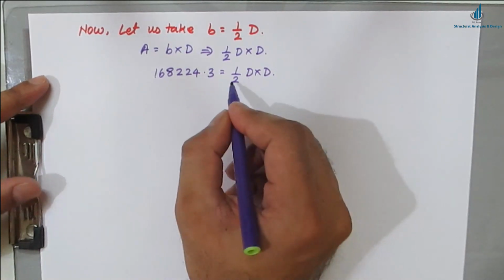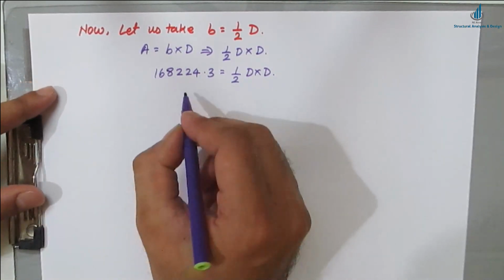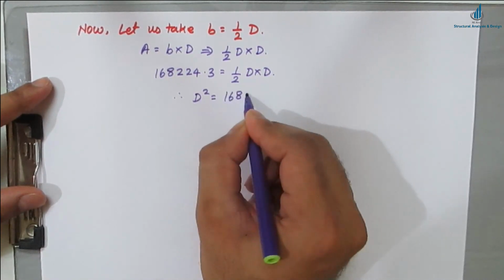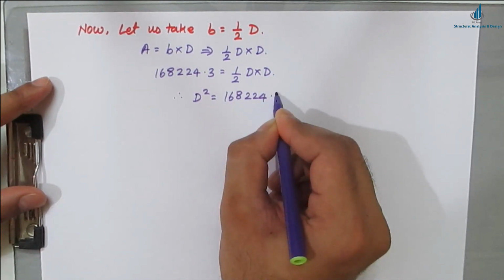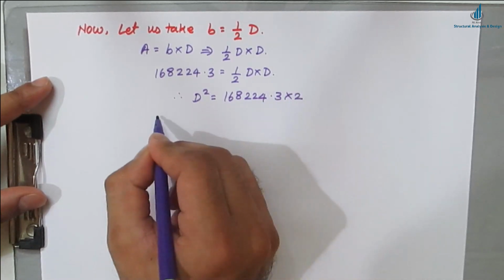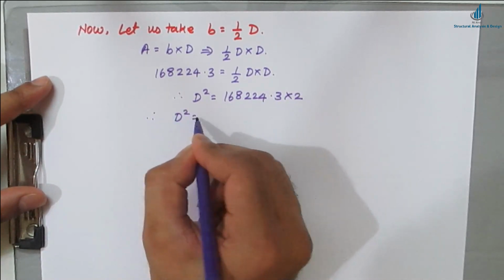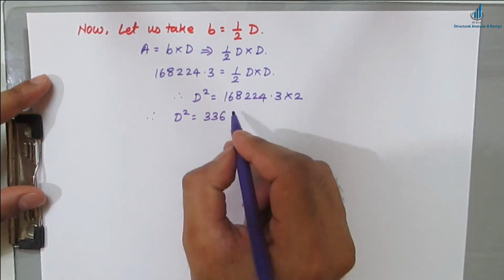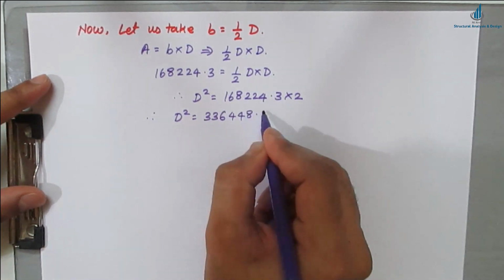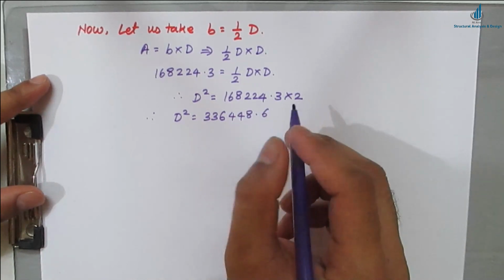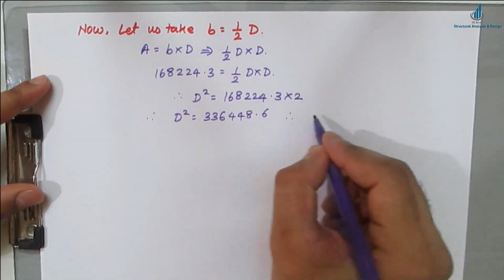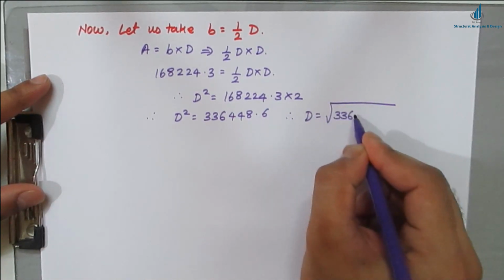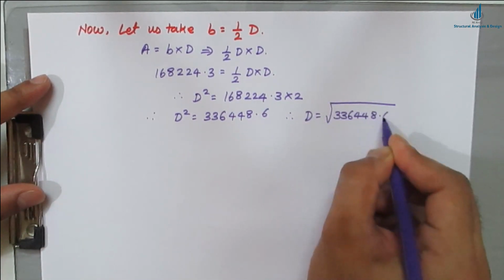Okay, so now we'll send this 2 on this side. So therefore D square equals 168,224.3 into 2. Therefore this becomes 336,448.6. Then therefore D is equal to square root of 336,448.6.